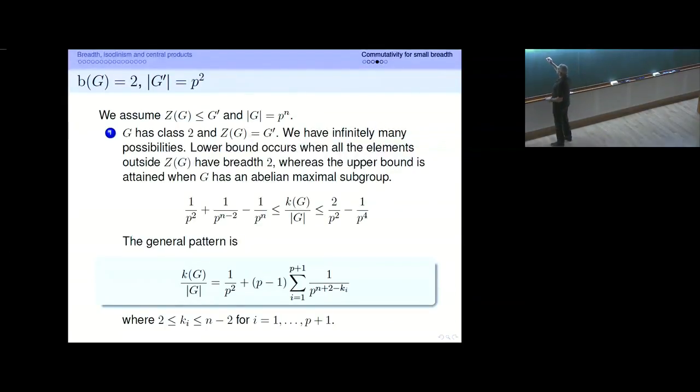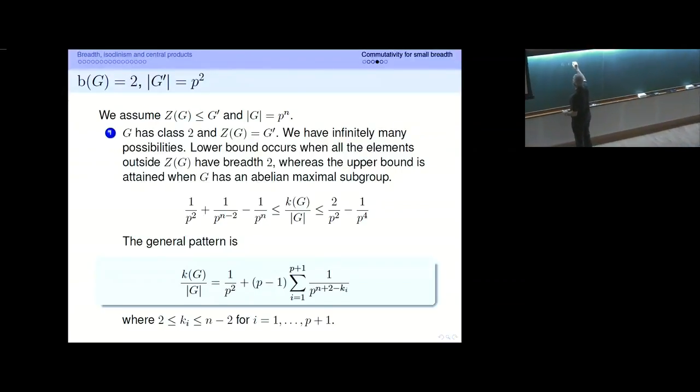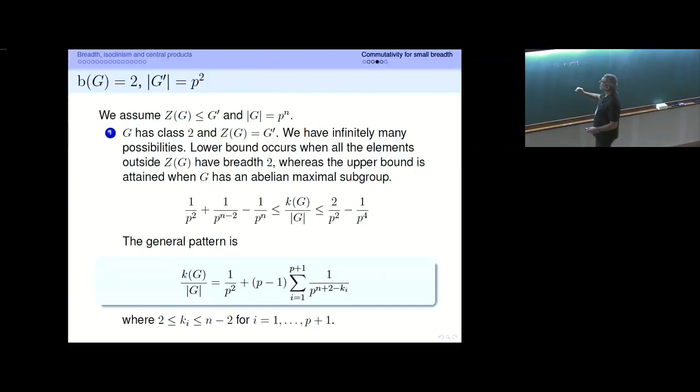Basically, if I have a p-group G, and I know that for every x in G minus the commutator subgroup, the set of the commutators of x is the whole commutator subgroup, then I have a group of this type. They were studied in 1976, I think, by Bert Weisenberg.